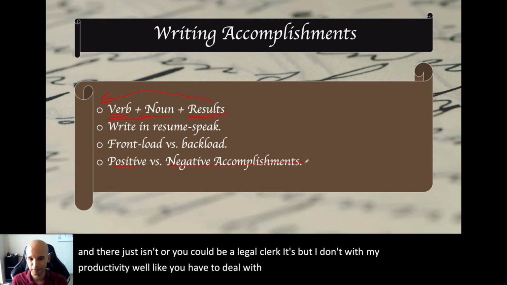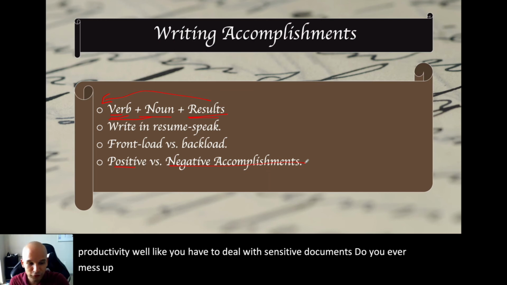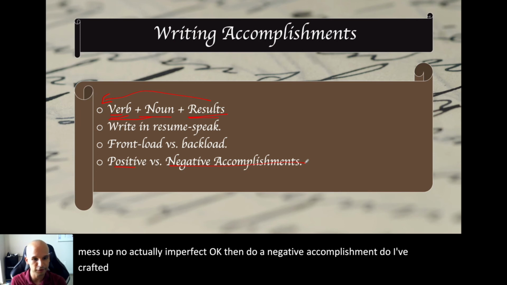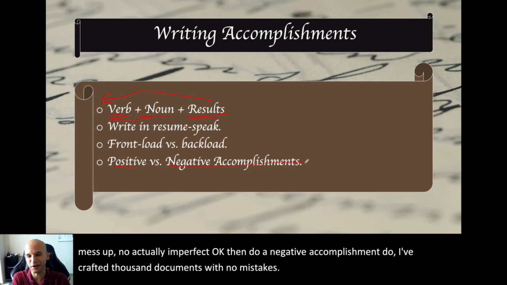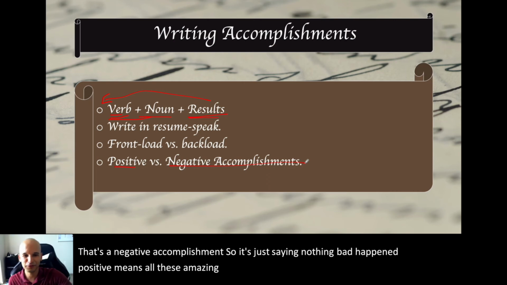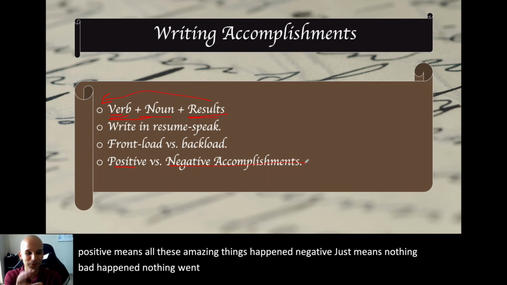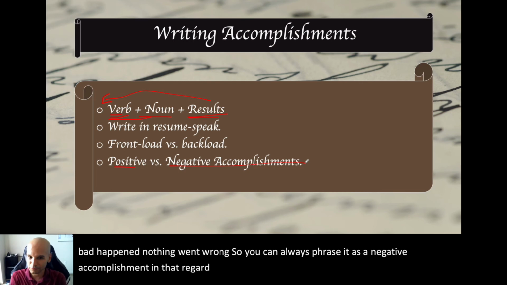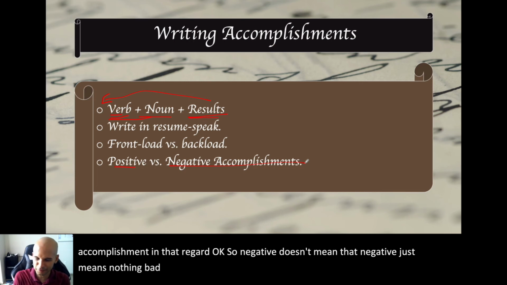Do you ever mess up? No, I actually am perfect. Okay, then do a negative accomplishment: I've crafted 1,000 documents with no mistakes. That's a negative accomplishment. It's just saying nothing bad happened. Positive means all these amazing things happened. Negative just means nothing went wrong. So you can always phrase it as a negative accomplishment in that regard. Negative doesn't mean bad. Negative just means nothing bad happened.